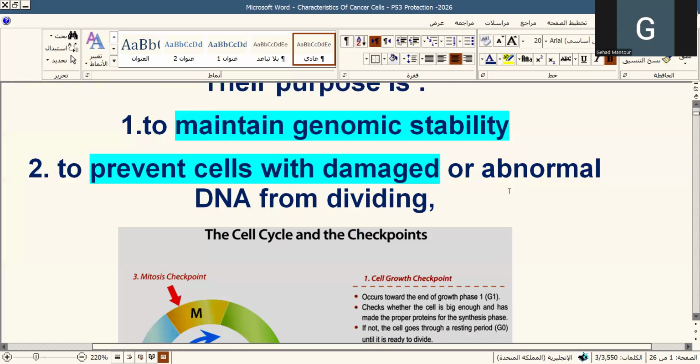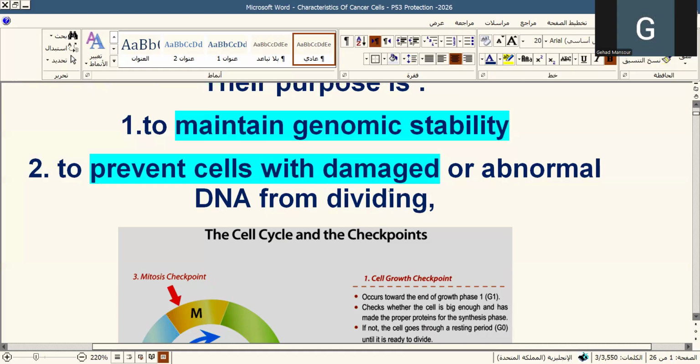And this is very important to prevent mutation and the emergence of abnormal cells, because abnormal cells will not only be abnormal in structure, but also abnormal in function, and this might result in serious damage or diseases affecting the living organism.